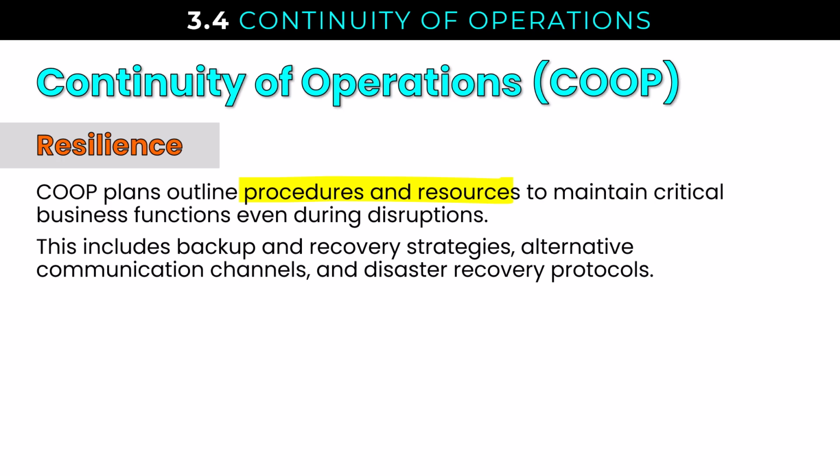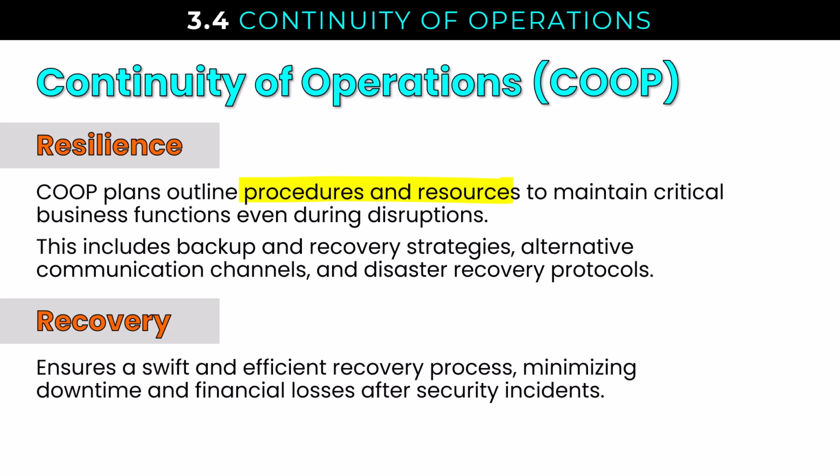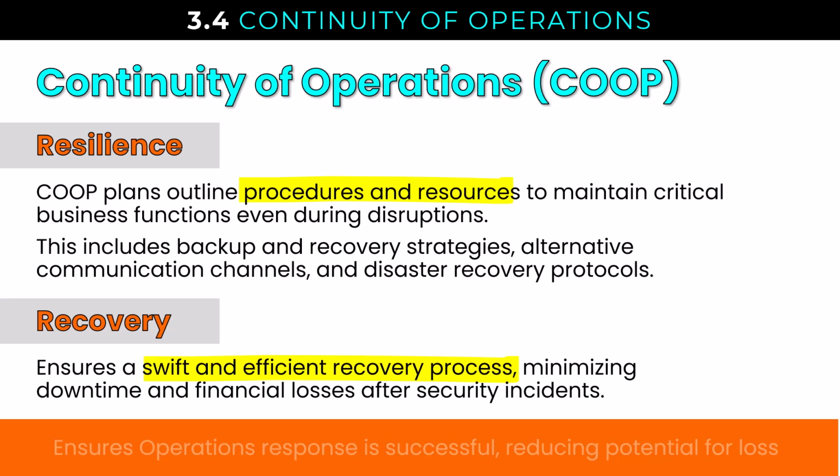So this is all proactive work to ensure that when recovery happens, we have a swift and efficient recovery process, minimizing downtime and financial losses after security incidents. Basically, ensuring that operations response is successful, reducing the potential for loss of any kind, whether data, financial, or something else. Okay, now we're going to move on to site considerations.